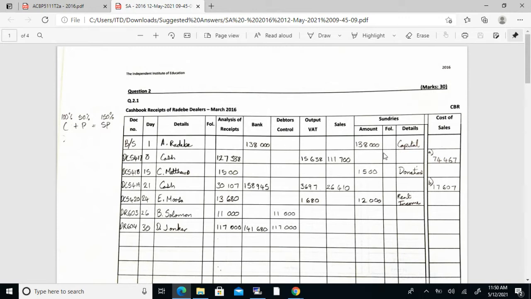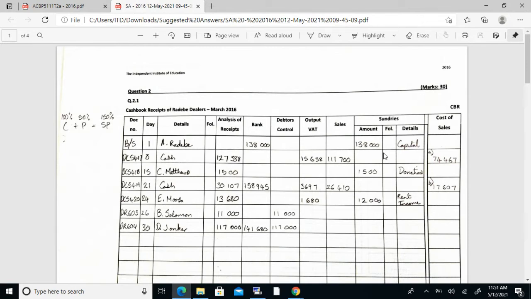On the first, it says additional capital contribution in cash deposited directly into the business's bank account. So that's going to affect your cash receipts journal. Next one, cash sales of trading inventory. That's going to affect, and there you can see under the source DCS, duplicate cash slips. So that's going to affect your cash receipts journal.